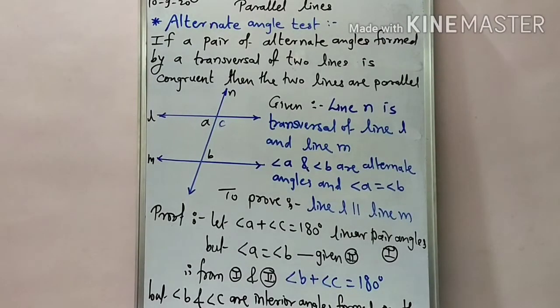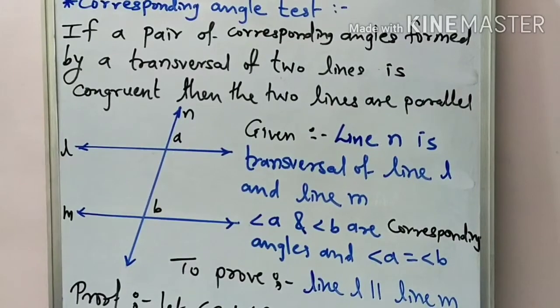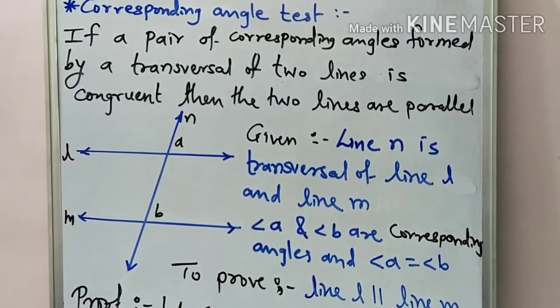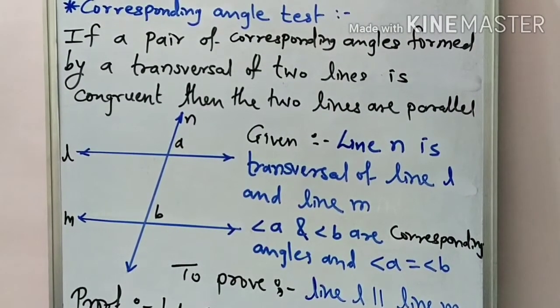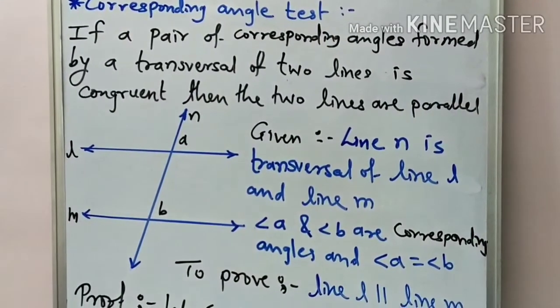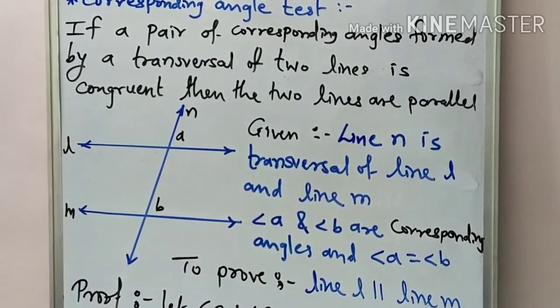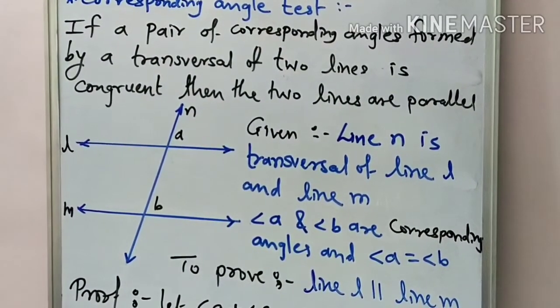The next test is the corresponding angle test. Here is the statement: if a pair of corresponding angles formed by a transversal of two lines is congruent, then the two lines are parallel. Similarly, here we draw two lines, line L and line M, and line N is a transversal of these two lines.